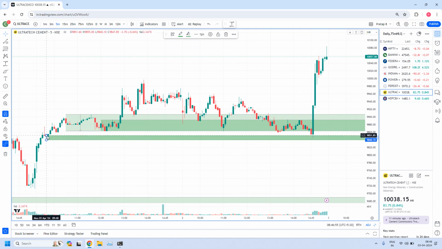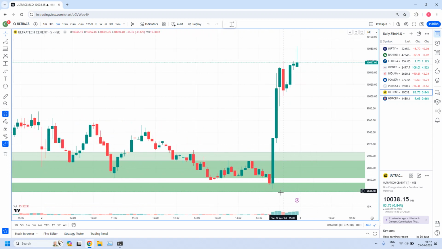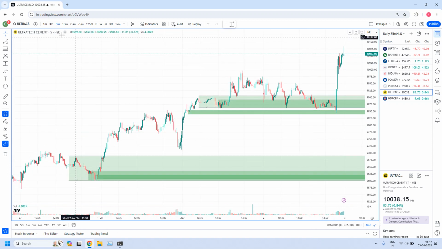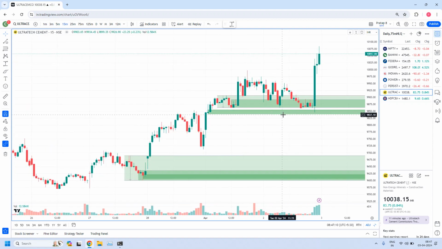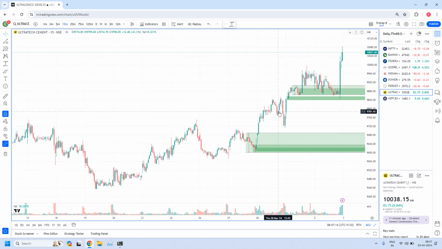But here the next one is also a base candle. This is a medium size candle, but part of the base. It has given a very good profit.